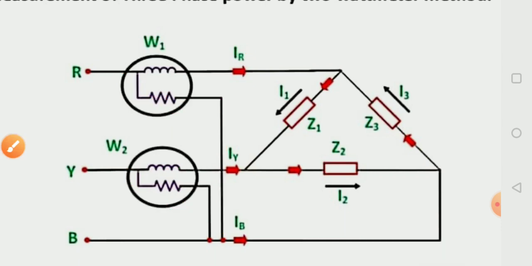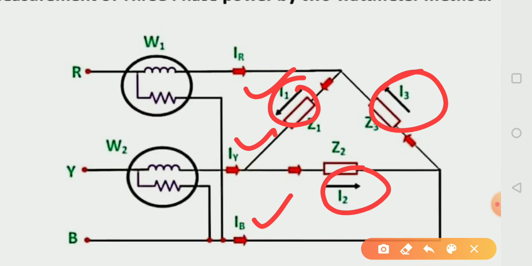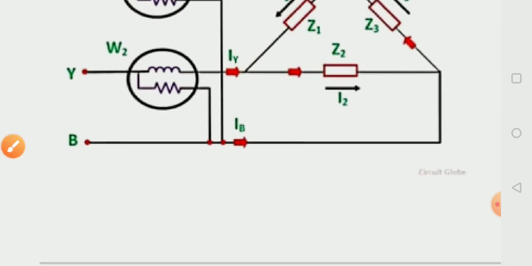Here we use two wattmeters. IR, IY and IB denote the line currents, and I1, I3, I2 are the phase currents. Z1, Z2, Z3 are the phase impedances.